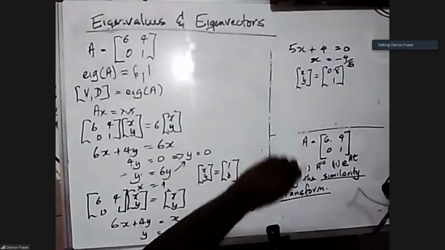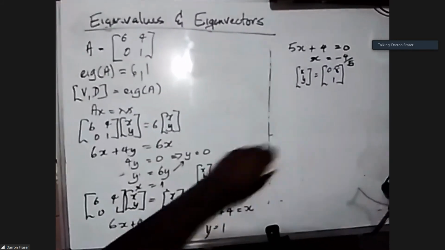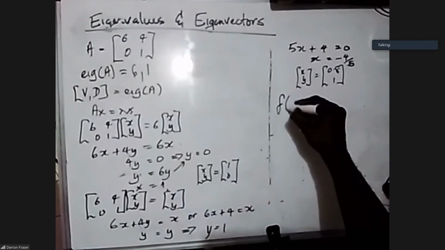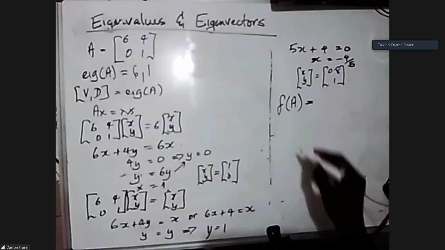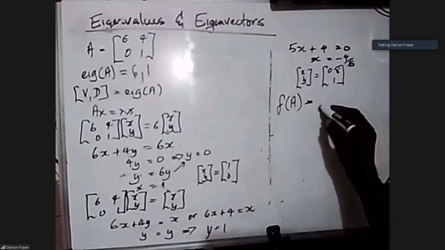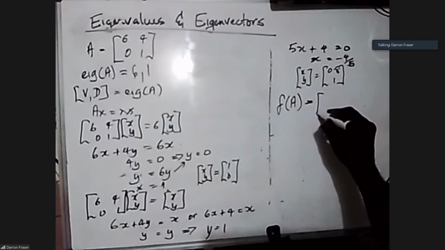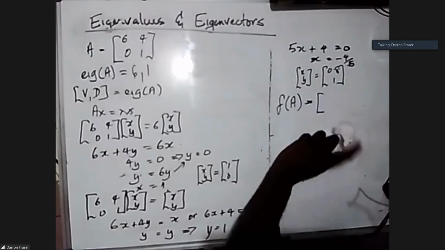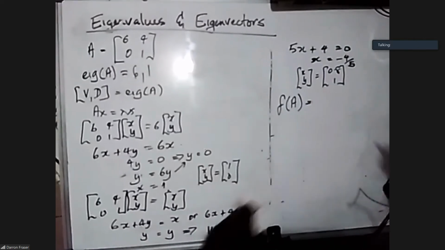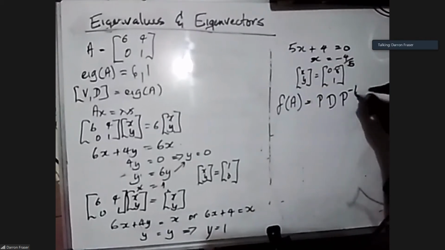Now, to find any function of A, the similarity transform says that you're going to form this matrix: P, D, P inverse.